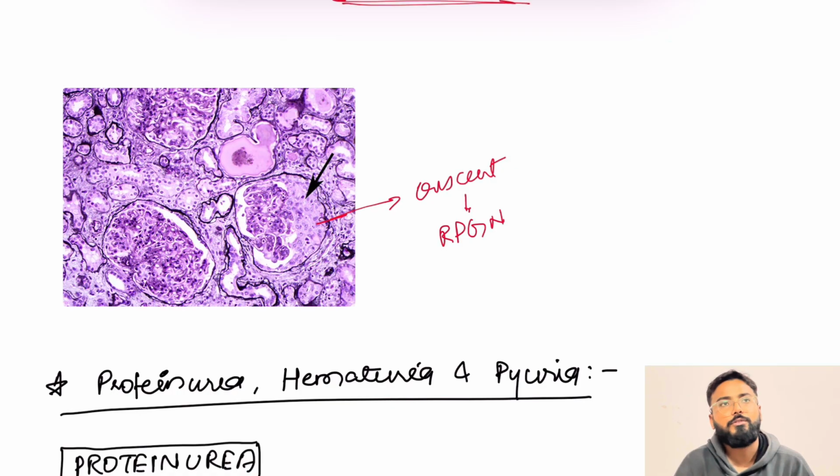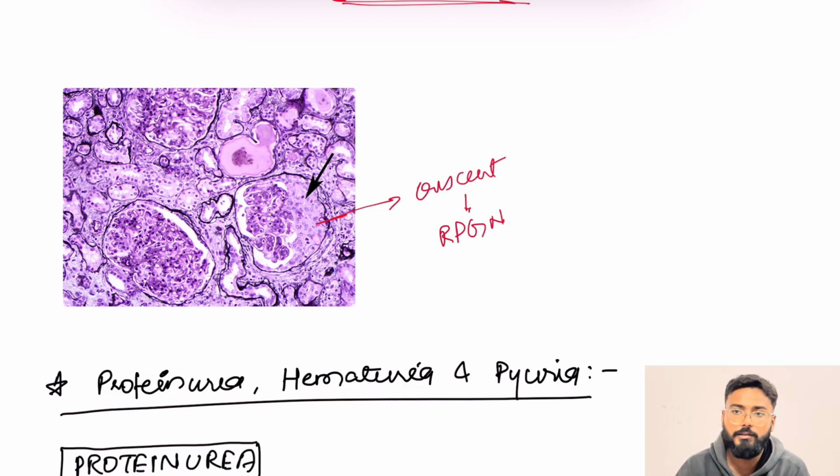A crescent is nothing but, whenever there is damage to your basement membrane and your podocytes, there will be formation of some pockets, and in those pockets there will be some inflammatory cells.